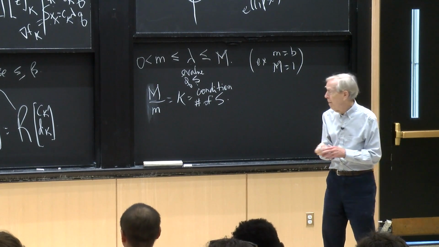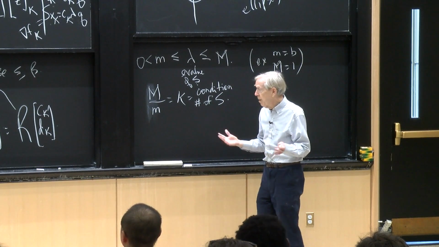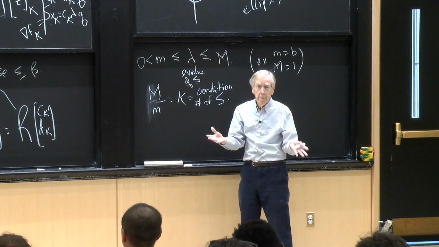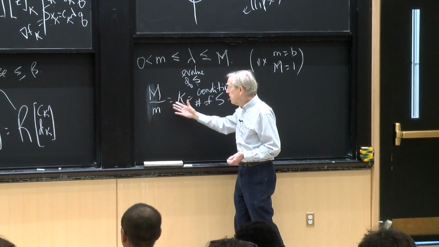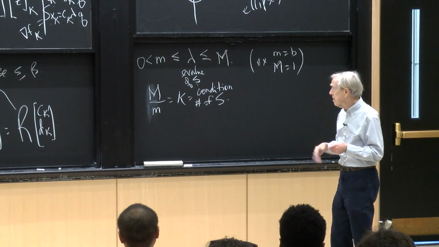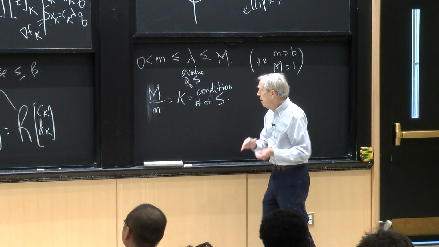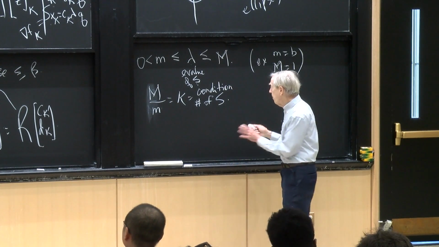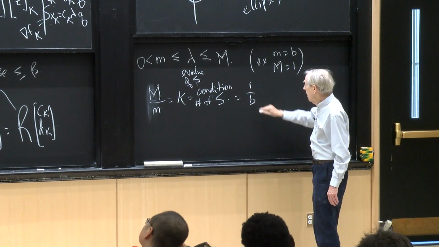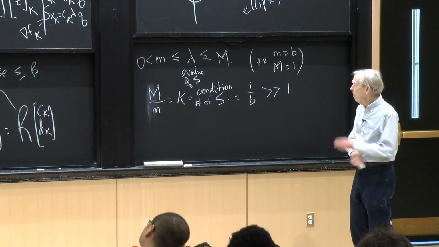When that's 1, then my matrix is just a multiple of the identity matrix, and the problem is trivial. When capital M and small m are the same, then the largest and smallest eigenvalues are identical, so the matrix is a multiple of the identity. That's the condition number 1. But the bad one is when it's 1 over b in our example, and that could be very large. Okay, that's where we have a problem.